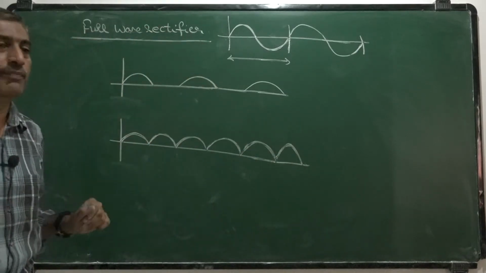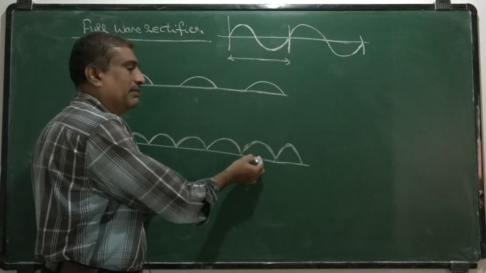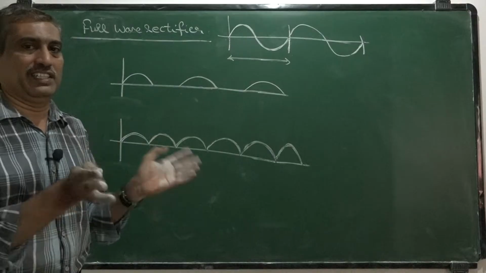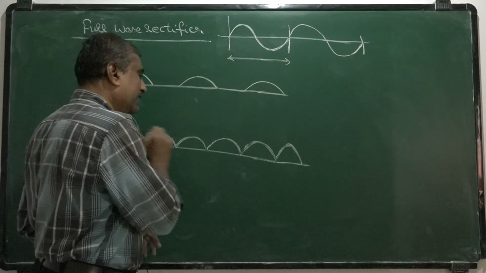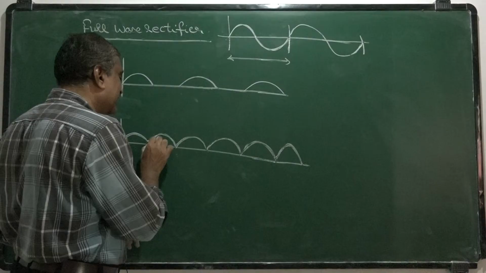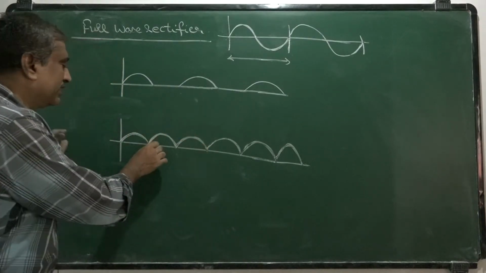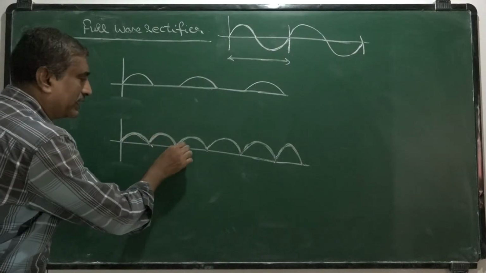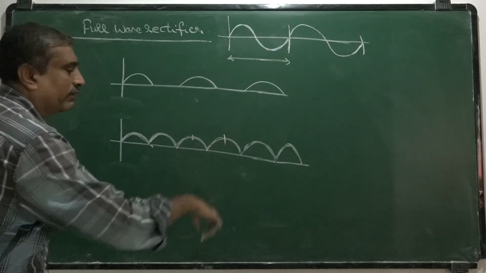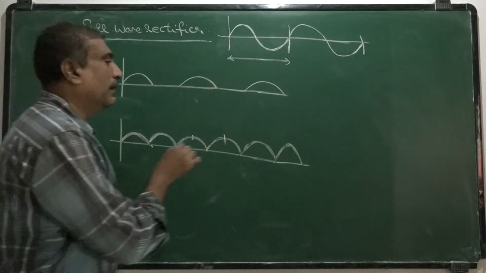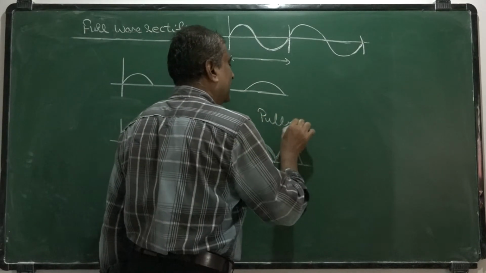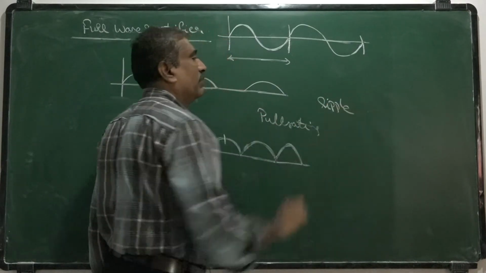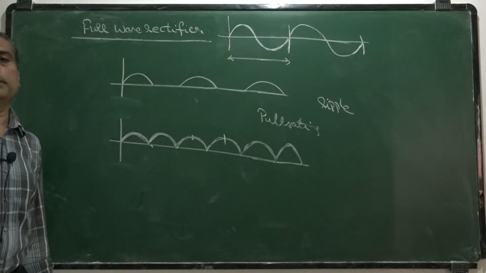There is no negative value. That's why we consider it DC, because DC is unidirectional. There is no alternating change in direction. So this is also DC, but it has variation in the positive values itself, from peak value to 0 and again 0 to peak value. This is called pulsating output or pulsating DC, or ripples in the output.